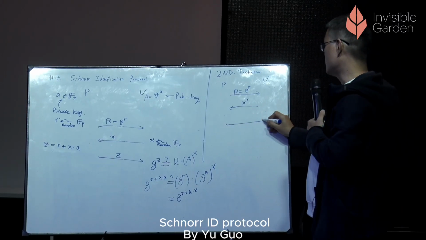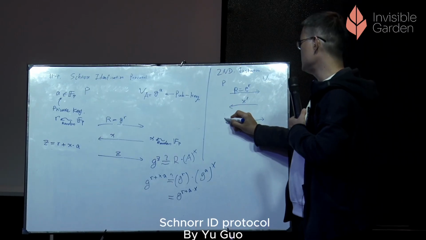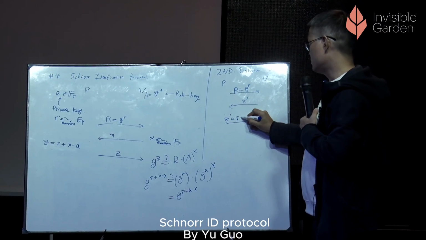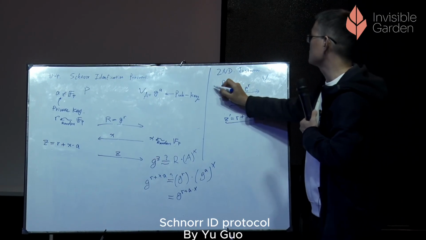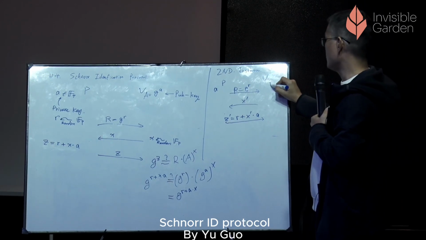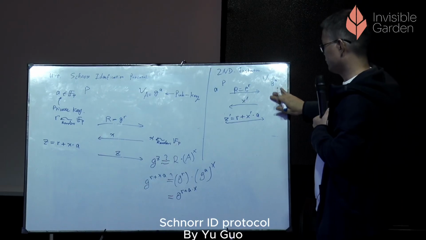Assuming the prover is honest, the prover will send z prime equals r plus x prime times a, because the prover has a and the verifier has g to the a.